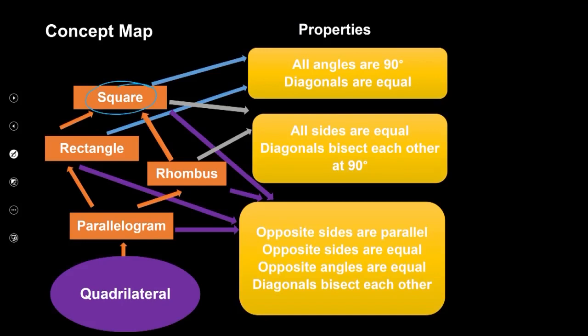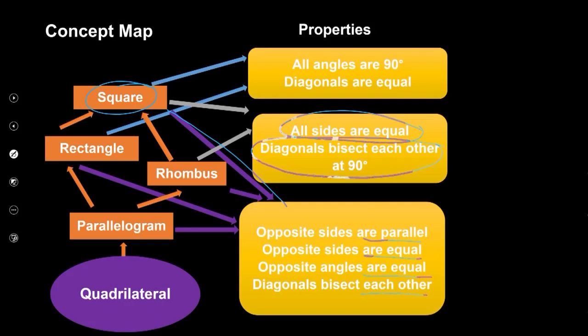You see, firstly, a square can be a parallelogram because it has opposite sides parallel, opposite sides equal, opposite angles equal, and the diagonals bisect each other. But in that, I also know that the sides are equal. I also know that the diagonals bisect at 90 degrees.